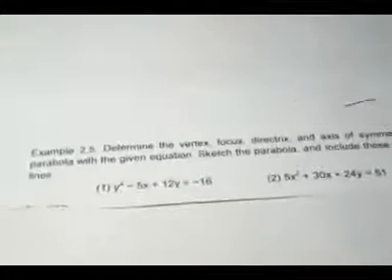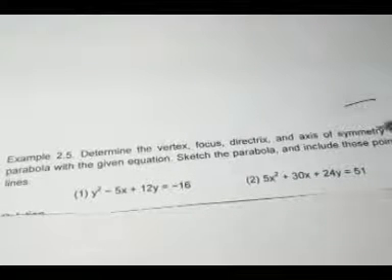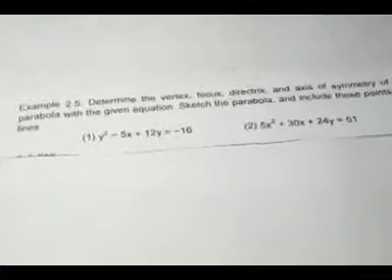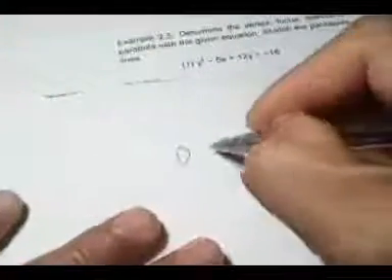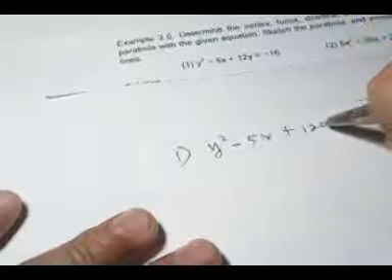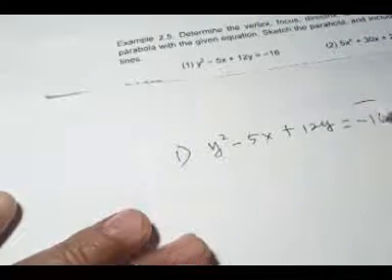Determine the vertex, focus, directrix, and axis of symmetry of the parabola with the given equation. Sketch the parabola and include these points and lines. Okay, so for number 1, the given equation is y squared minus 5x plus 12y equals negative 16.